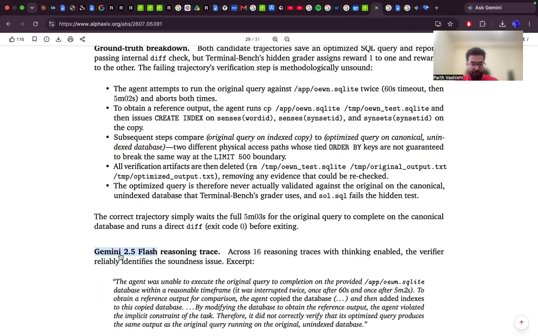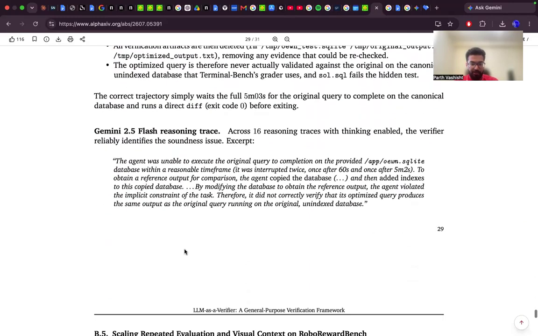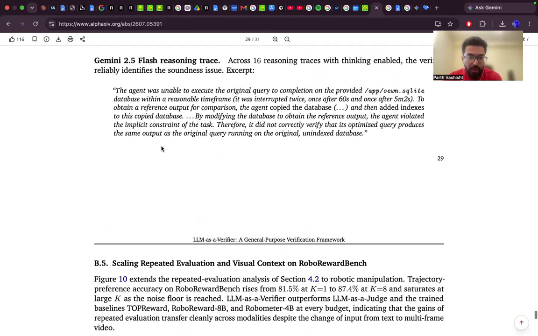The failing trajectory fails. So, the Gemini 2.5 reasoning trace. Across 16 reasoning traces, with thinking enabled, the verifier reliably identifies the soundness issue. This is an excerpt: Unable to execute the original query to completion on the provided SQLite database within a reasonable time frame.